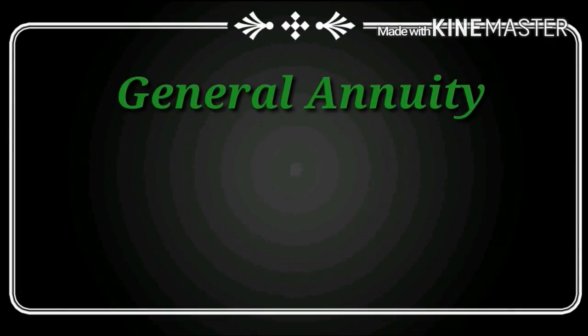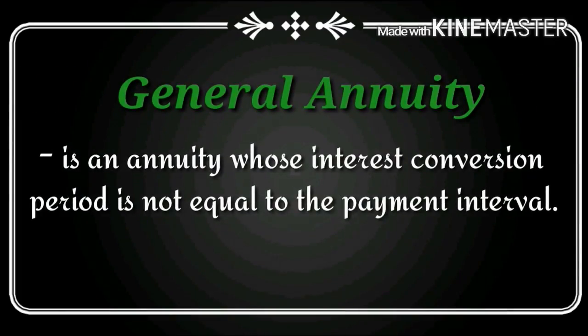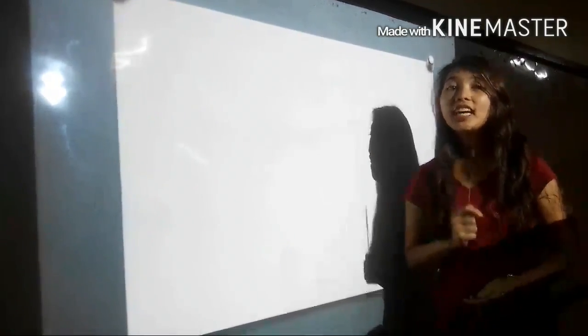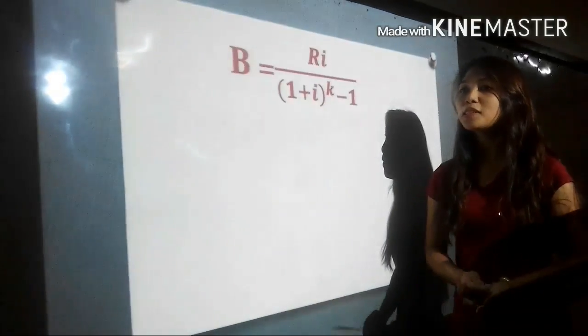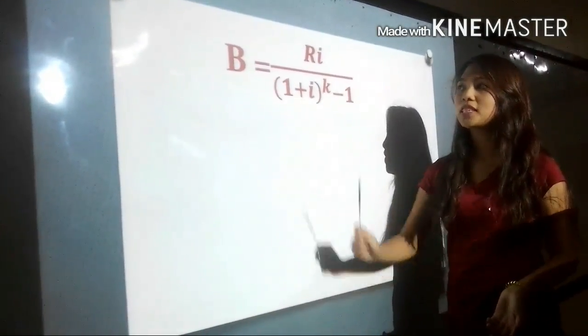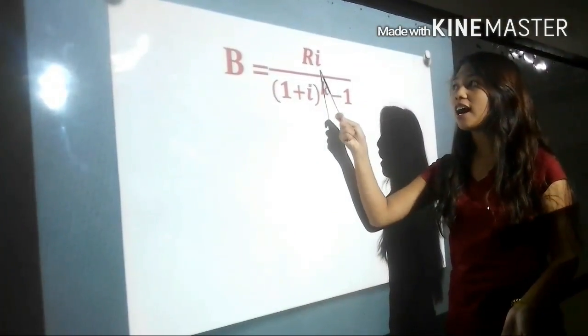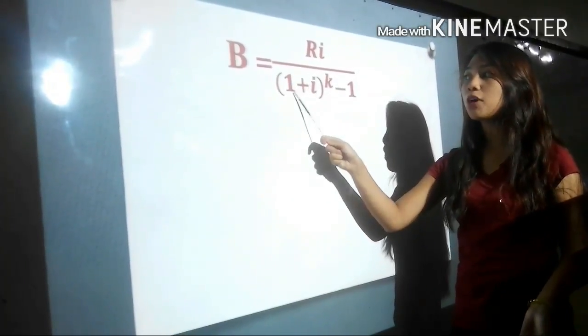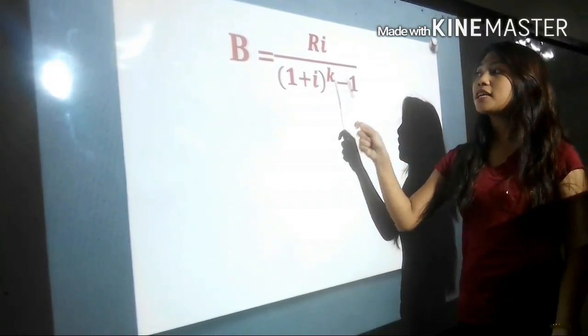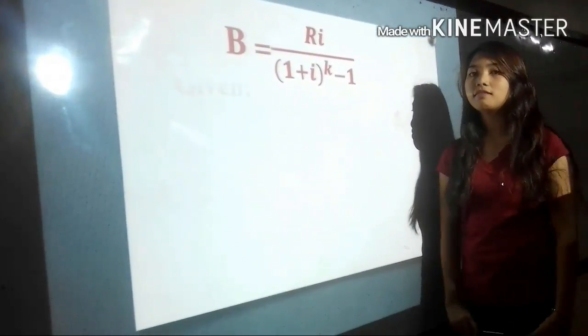The problem is an example of general annuity referring to future value. General annuity is an annuity whose interest conversion period is not equal to the payment interval. To convert general annuity to simple annuity, this is the formula that we will use: R is equal to Ri over the quantity 1 plus i raised to k minus 1.